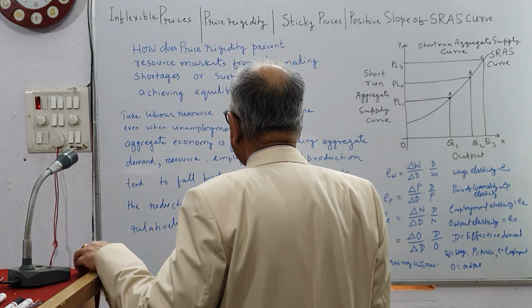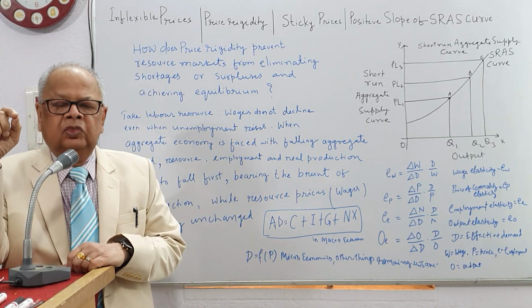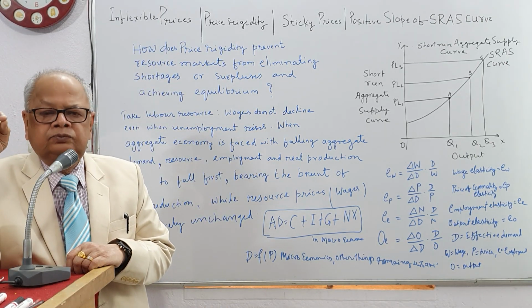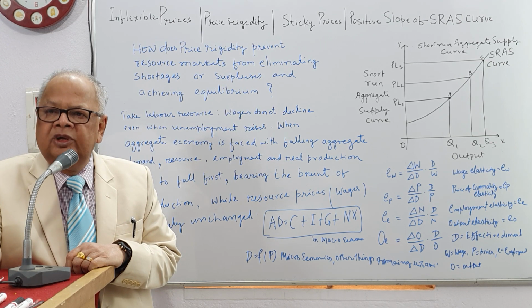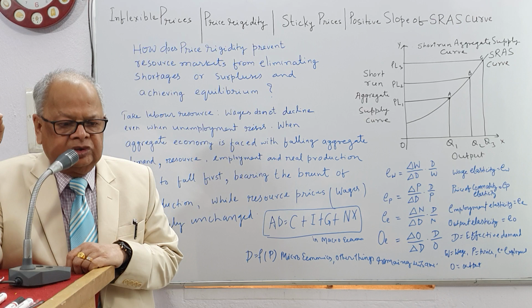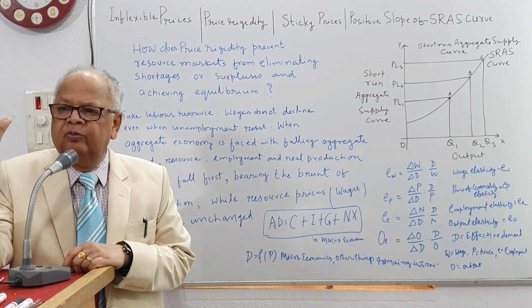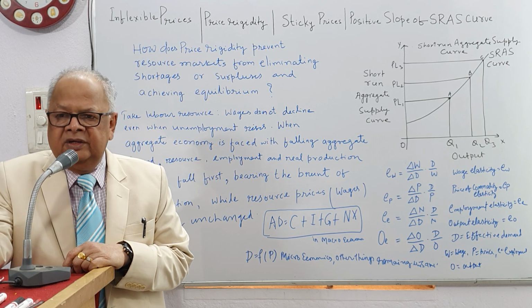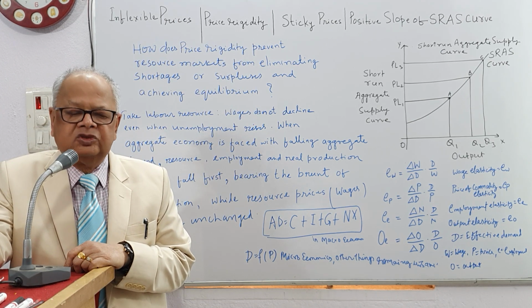Now, we will pinpoint the labor market, which is more sensitive in a capitalistic economy and in a socialistic economy. The main difference is that in a socialistic economy, employment is a right to employment. There is no problem of wage, fixed wage.